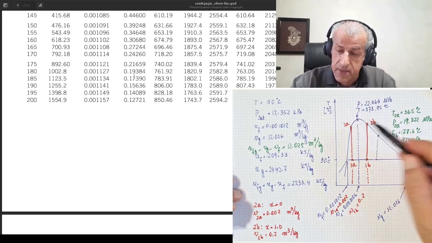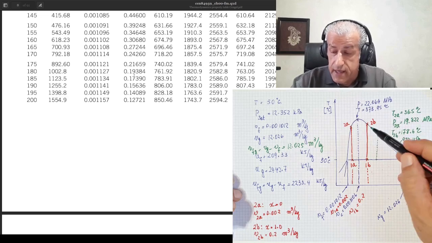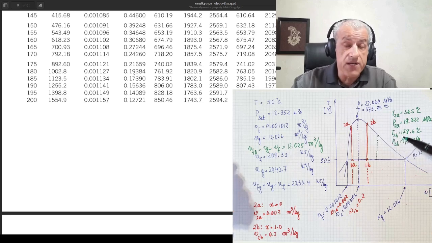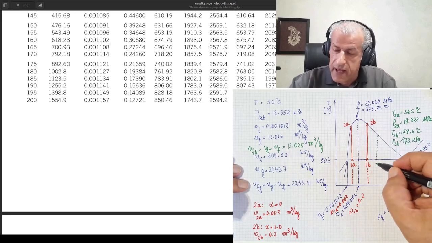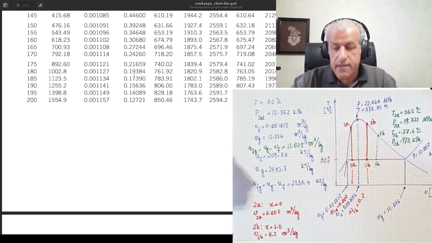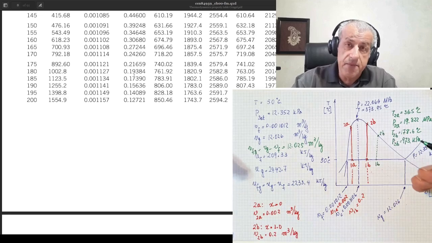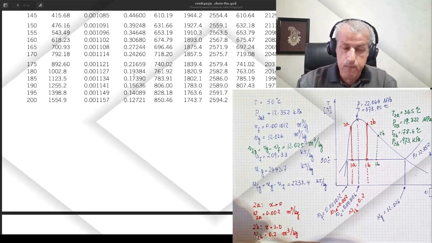You see here the pressure was 19 megapascals, and here on 2B pressure is barely 1 megapascal. So if I had drawn point 1B here and point 2B here, then it was a better representation of this problem. And these are our final properties here.